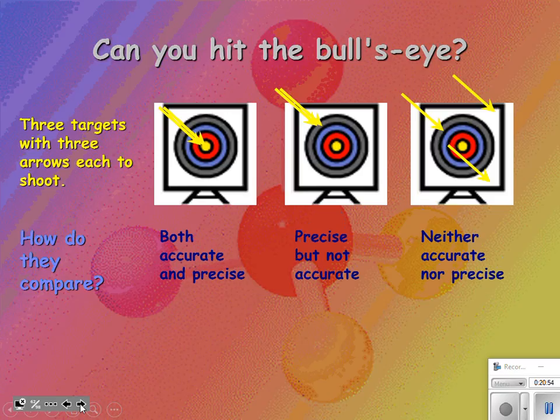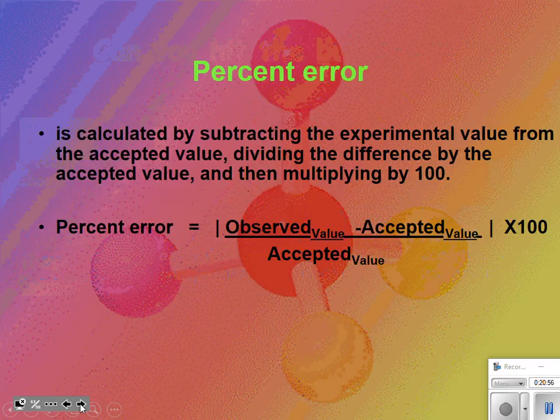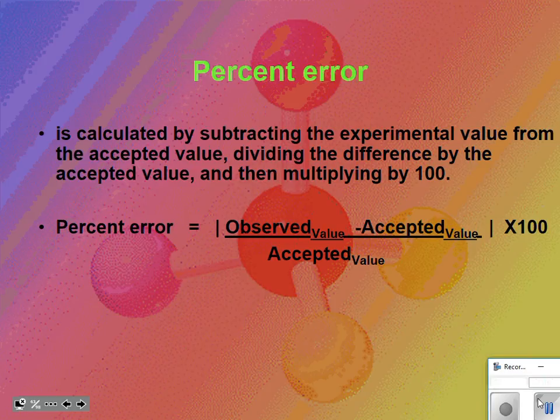You're going to need that for a lab coming up here, as well as this equation right here. So go ahead and write this down, and we'll discuss this in a second. Now, the percent error allows us to see how close we are to the accepted value.